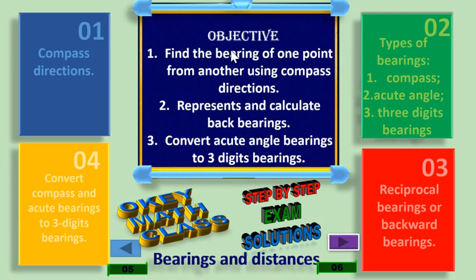Number 1, find the bearing of one point from another point using compass directions. Number 2, represent and calculate back bearings. Number 3, convert acute bearings to 3-digit bearings. Let's go into the presentation proper.